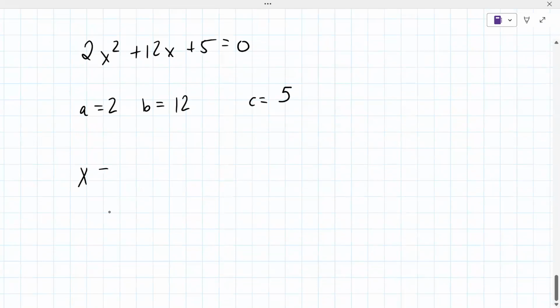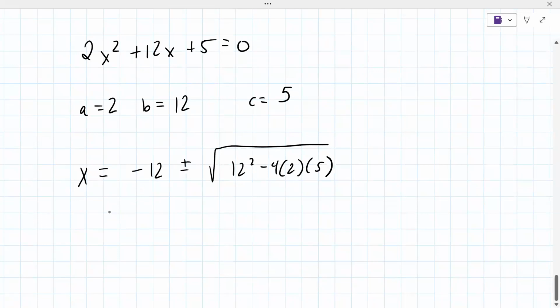So our quadratic formula: opposite of B, plus or minus the square root of B squared minus 4 times A, which is 2, times C, all over 2 times A. All right, so could you simplify the part under the root for us, please?